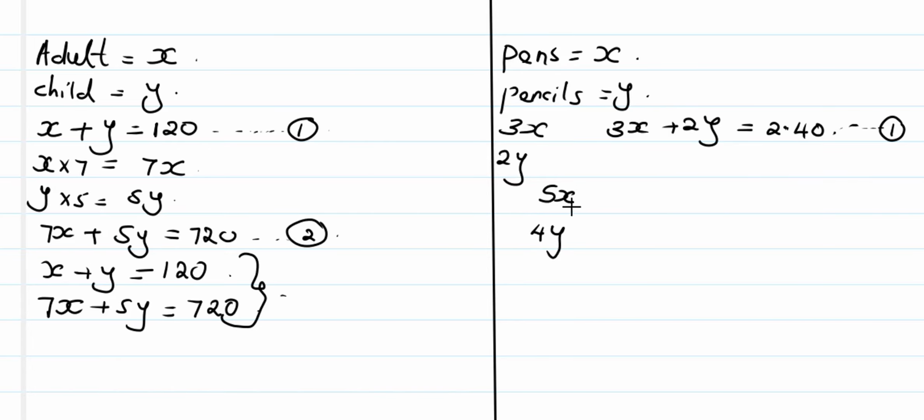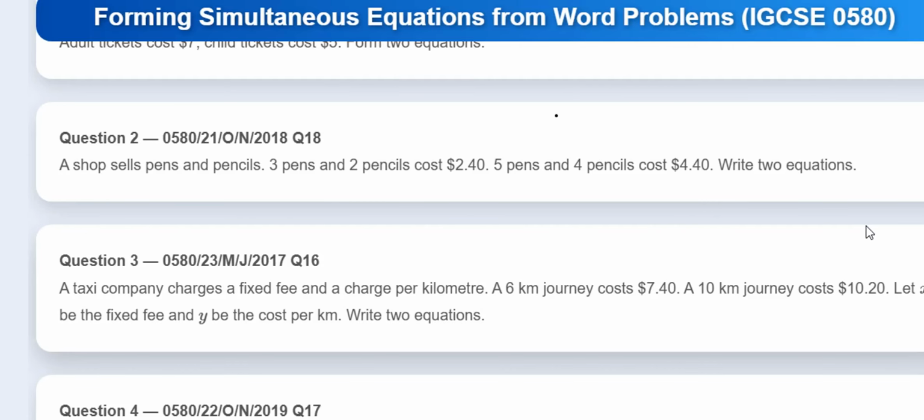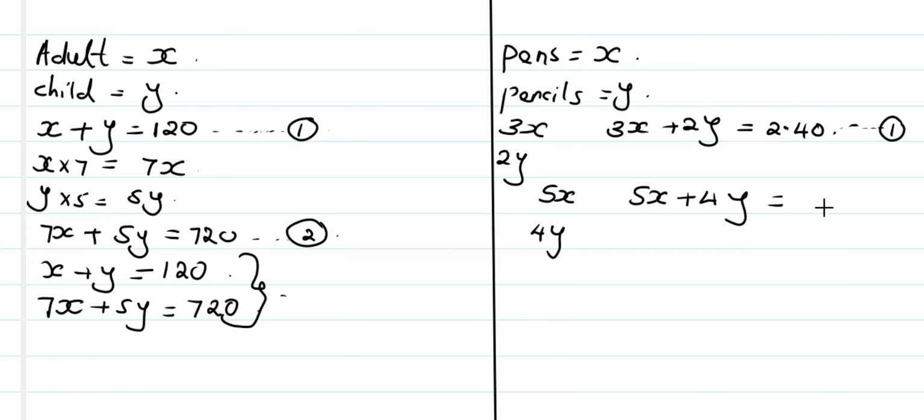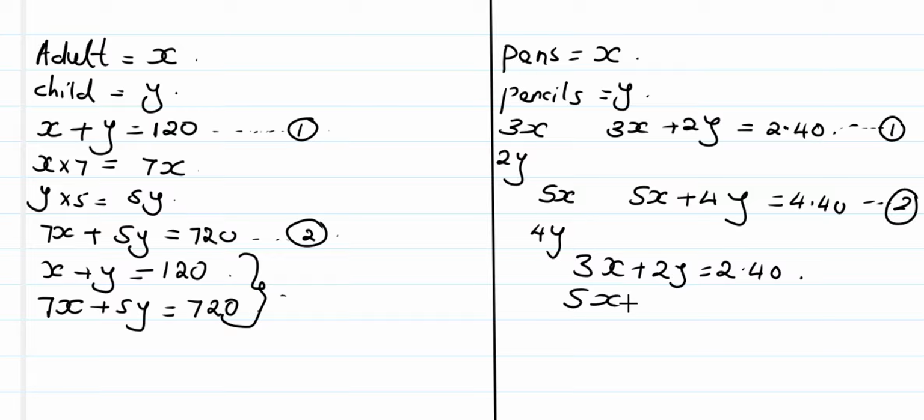And then you are told the total for this, 5X plus 4Y, is $4.40. And this becomes our second equation. So basically, it's like this: 3X plus 2Y equals 2.40, then 5X plus 4Y equals 4.40. So you have your system of simultaneous equations.